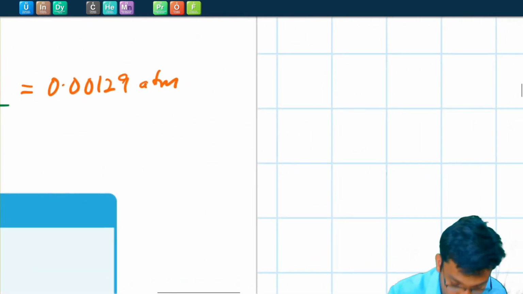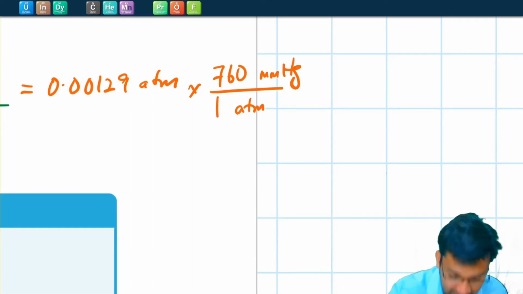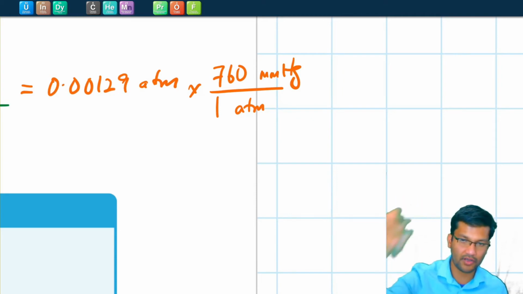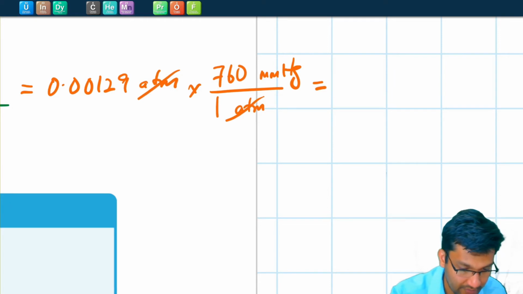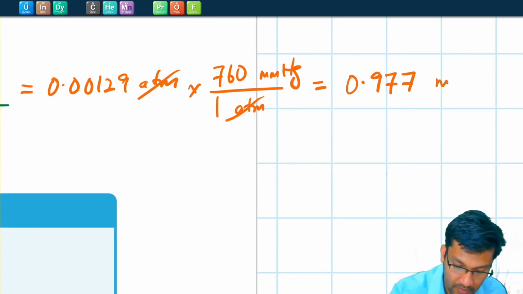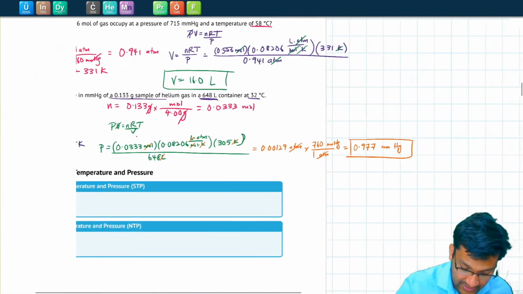So we know that according to our conversion, 1 atmosphere is 760 millimeters of mercury exactly. If you're not sure of that conversion, you would scroll up towards the beginning of the chapter, and that will give us 0.977 millimeters of mercury.